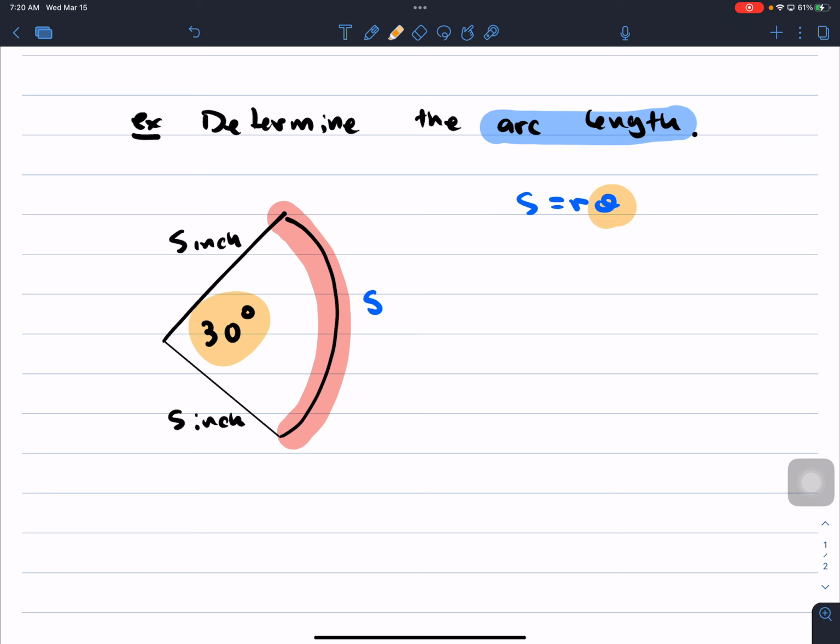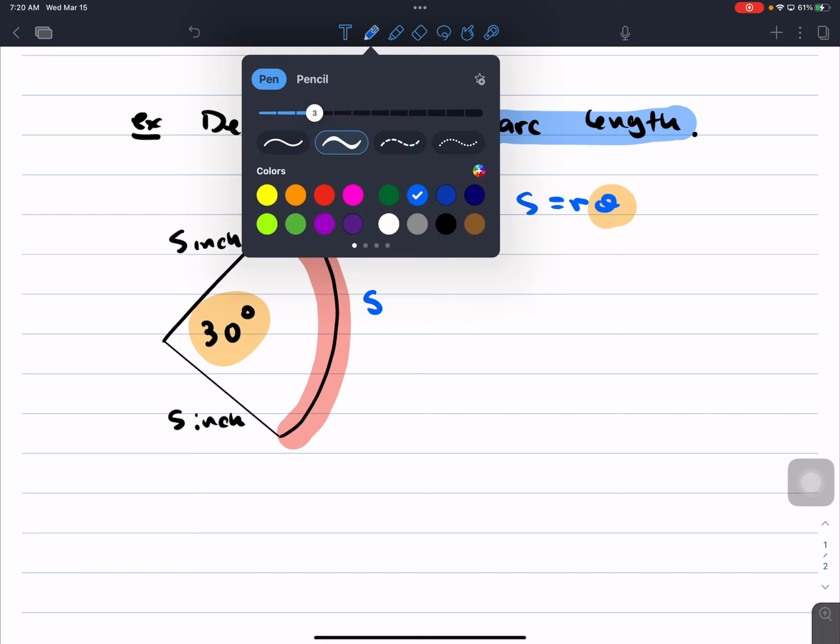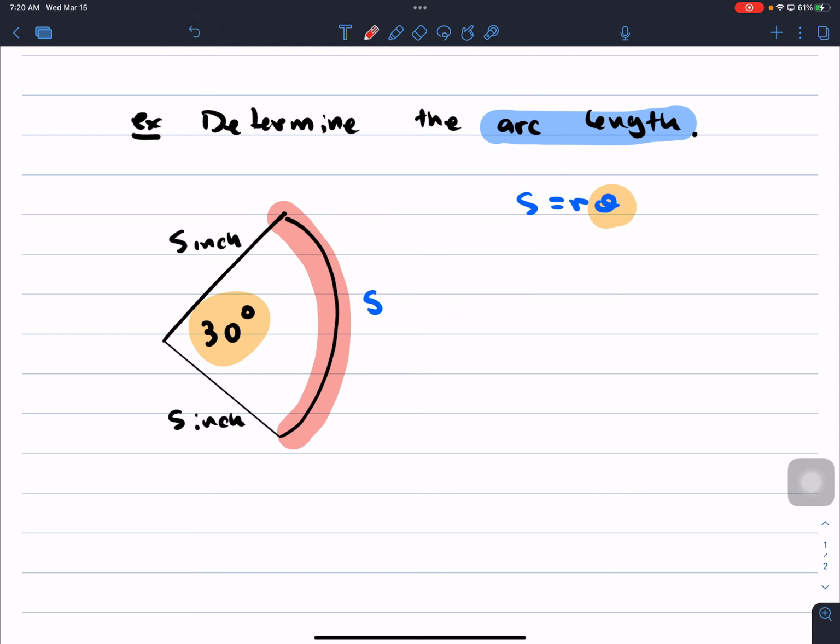What do you guys know? No, there's a problem. You really need to address this problem. What's the problem here? Your angle can't be in degrees. Your angle needs to be in what? Radians.